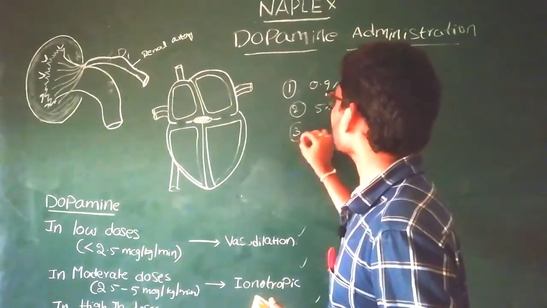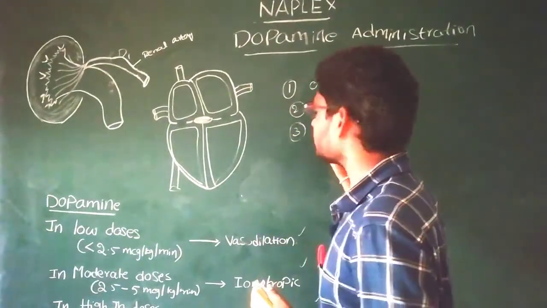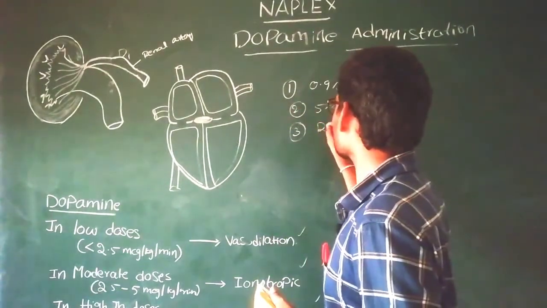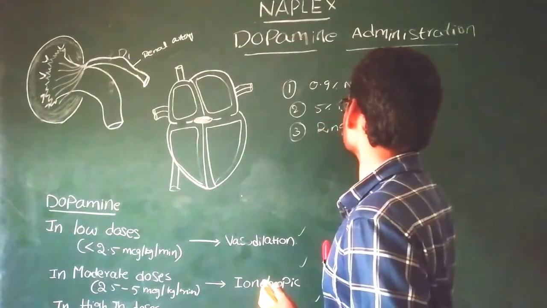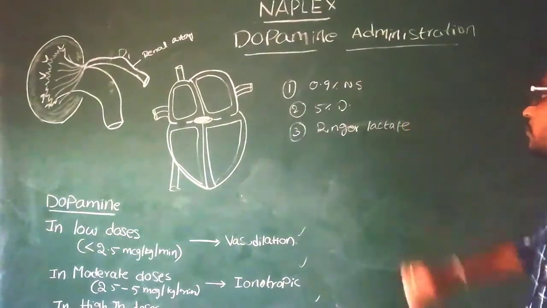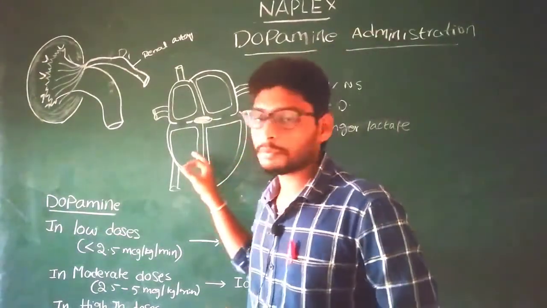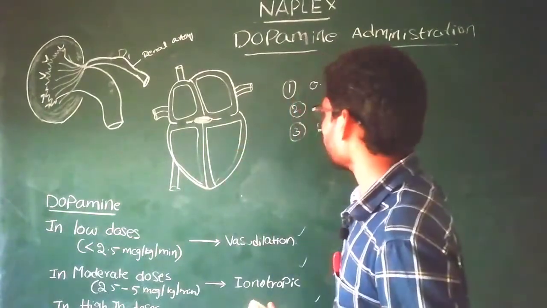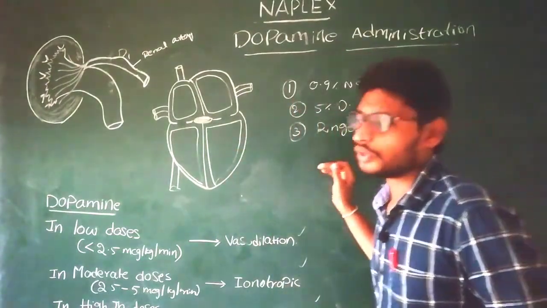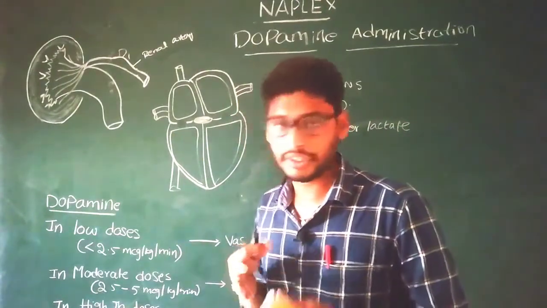And you can also administer dopamine after diluting with Ringer lactate solution. In any of these solutions you can dilute the dopamine, and after the dilution we have to administer it to the patient through an IV line.